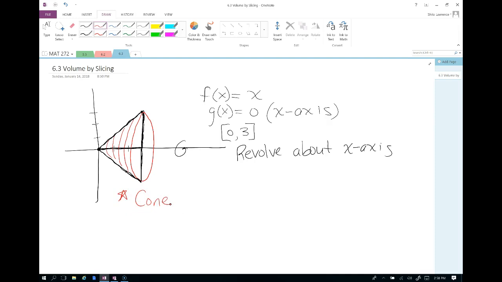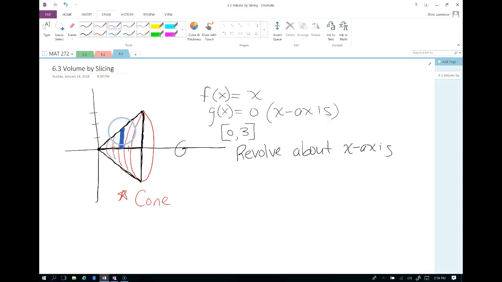Now, there is a geometric formula for volume of a cone, but we're going to be doing this with integration. So the whole idea behind volumes by slicing is we're going to look at just one little piece inside this region, and we're going to follow what it does as we do the rotation. So that's our representative slice.